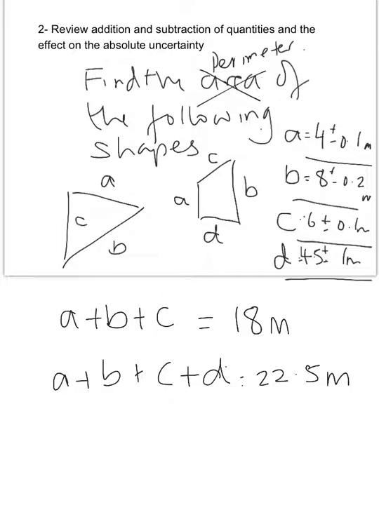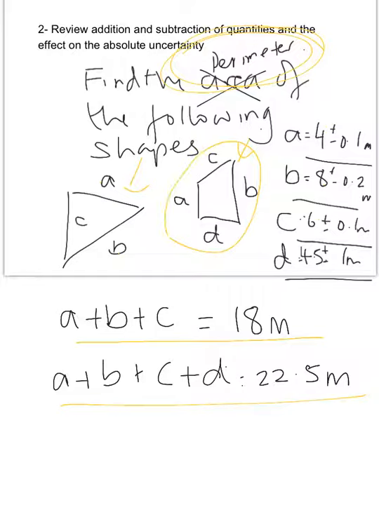Okay, so the first step is to actually find the answer. What is the perimeter of these two shapes? The first one would be A plus B plus C. Adding up these three distances, 4 plus 8 plus 6, would give you 18 meters. Then for the second part, the perimeter of the weird quadrilateral, you would get 22.5 meters, which is 4 plus 8 plus 6 plus 4.5.